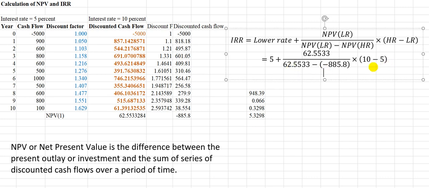The value is equal to 5.3298. So our IRR is 5.3298.